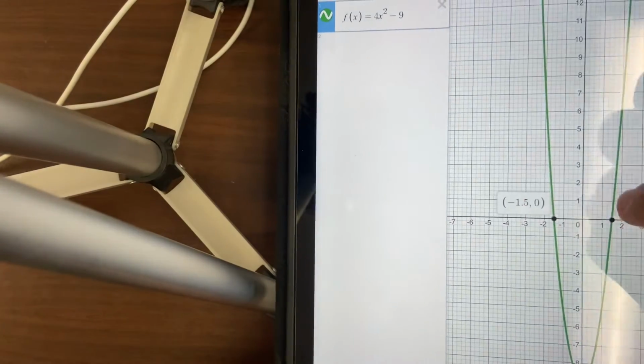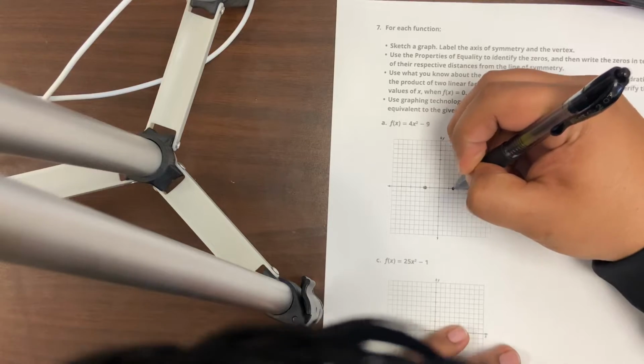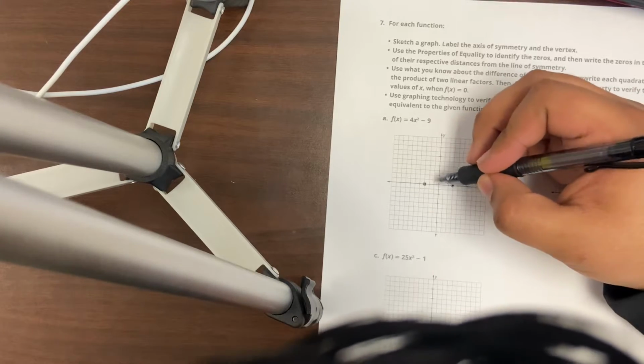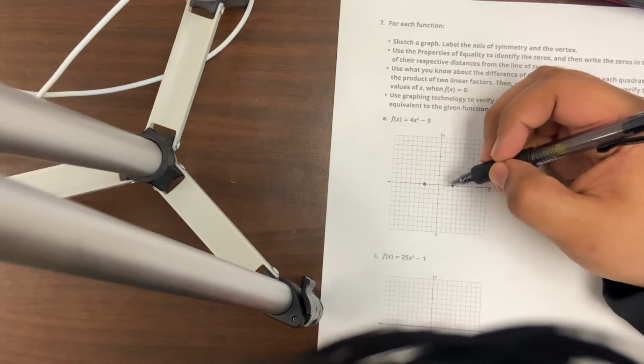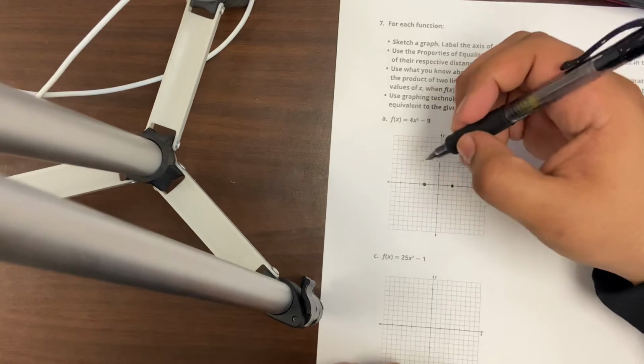First, I'm looking at my zeros, negative 1.5 and 1.5. This is a tricky part. How do I want my graph to look like? Are they going by ones? That's the thing. Wish it would have been a little bit numbered. That's okay.